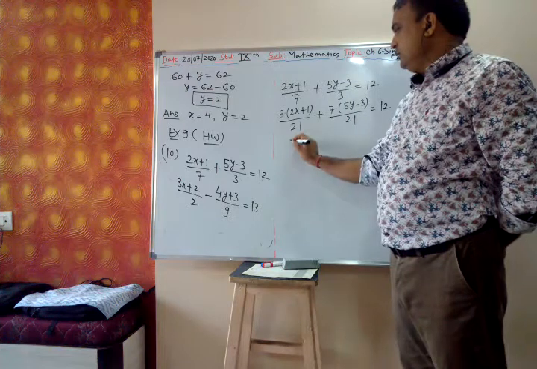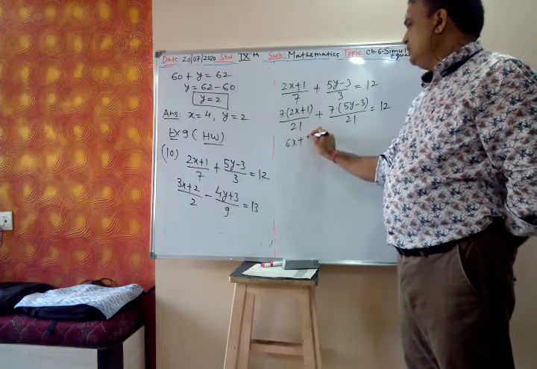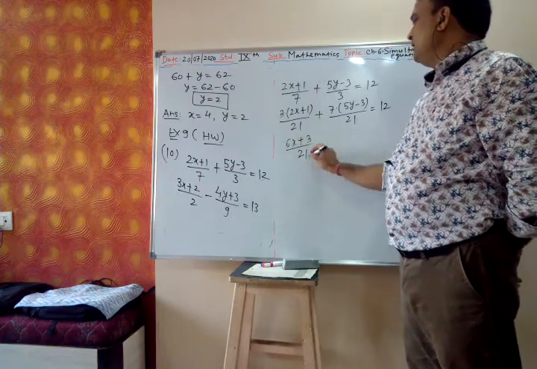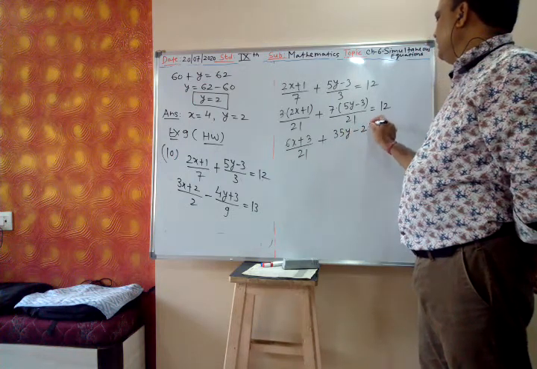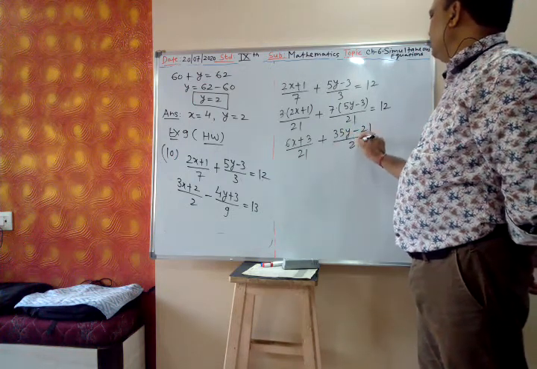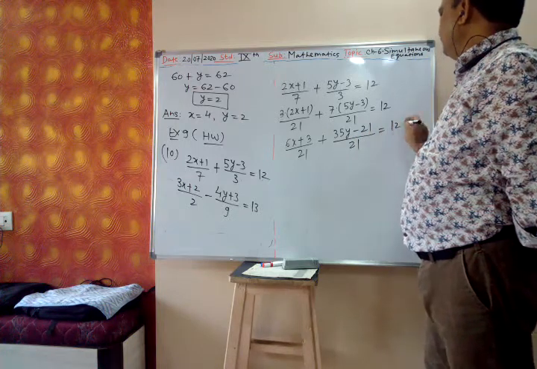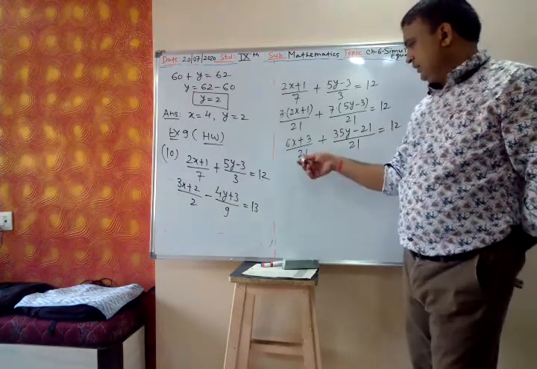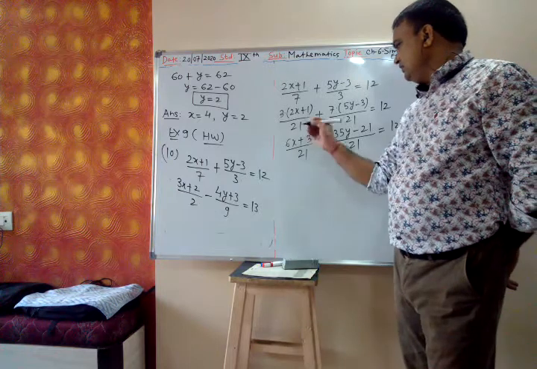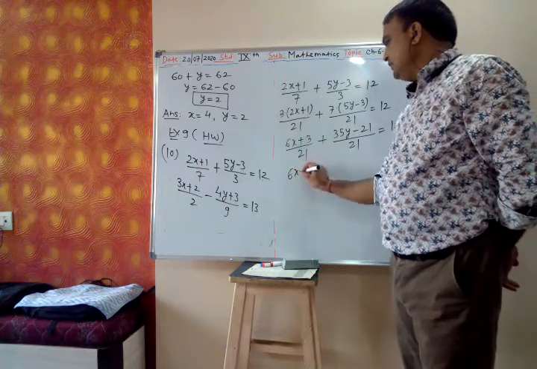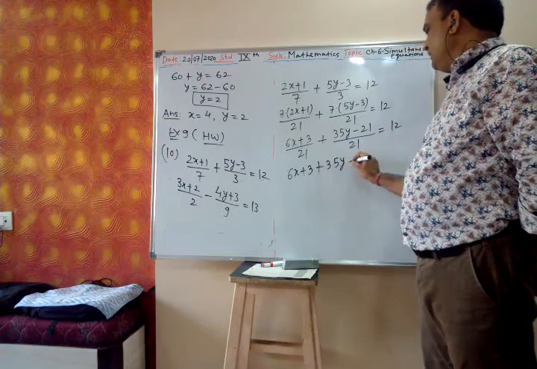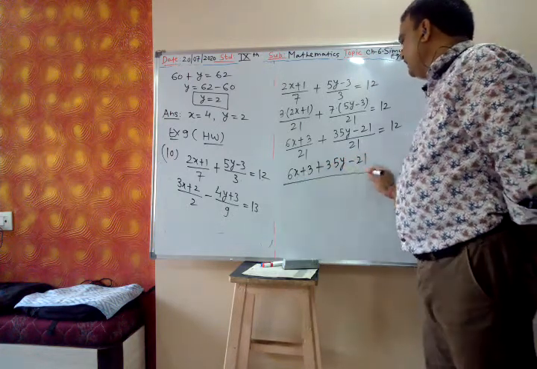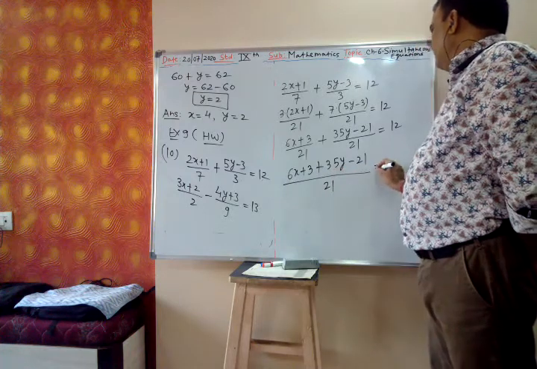So 3 into 2, 6x plus 3 upon 21 plus 35y minus 21 upon 21 is equal to 12. Denominator is 21, 21, so I can simplify the numerator. So 6x plus 3 plus 35y minus 21 upon 21 is equal to 12.